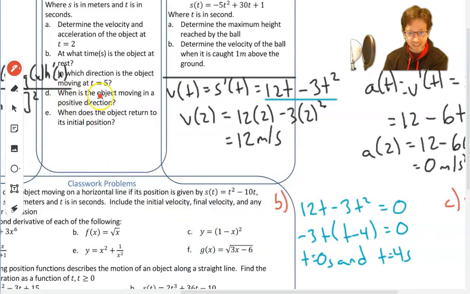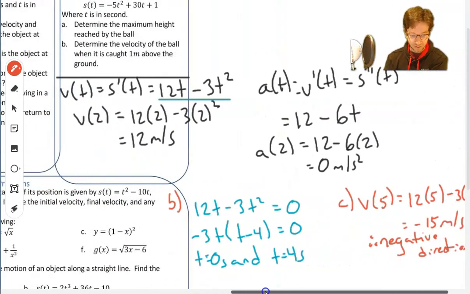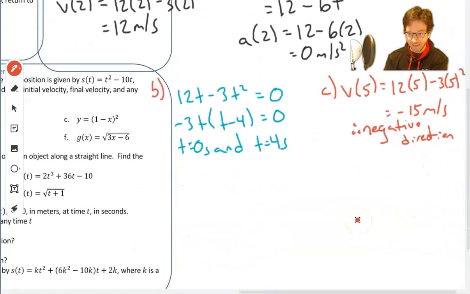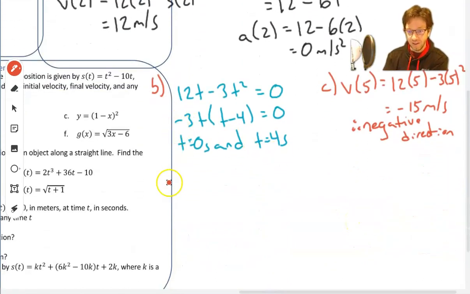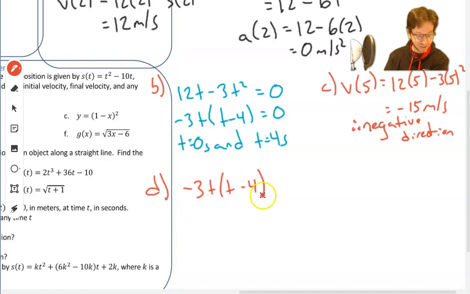D says, when is the object moving in a positive direction? Okay. Well, let's go look at this again. So we're going to look at velocity again, and here I factored velocity. So I have it as minus 3t times t minus 4. But what we want to know is, when is it moving in a positive direction?